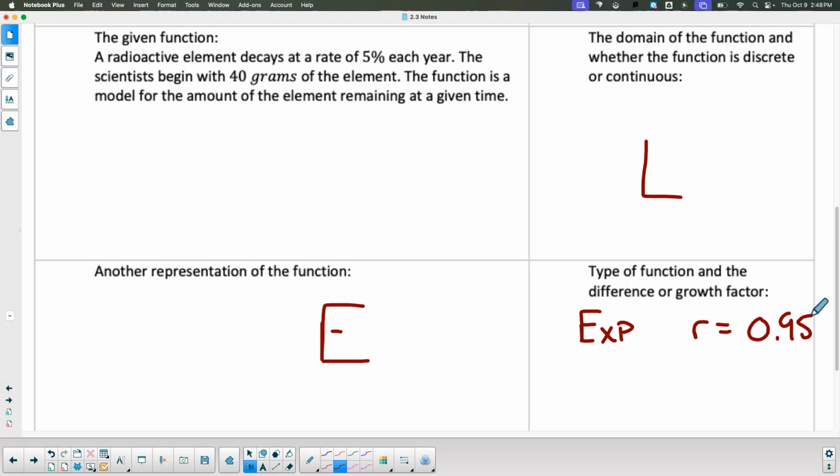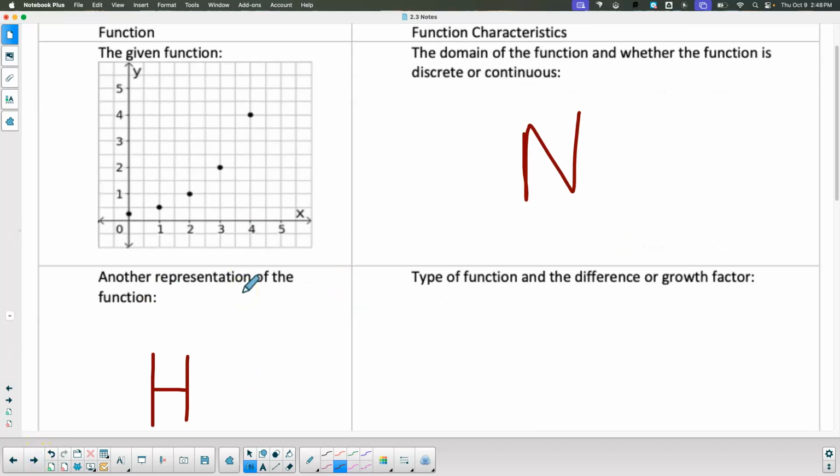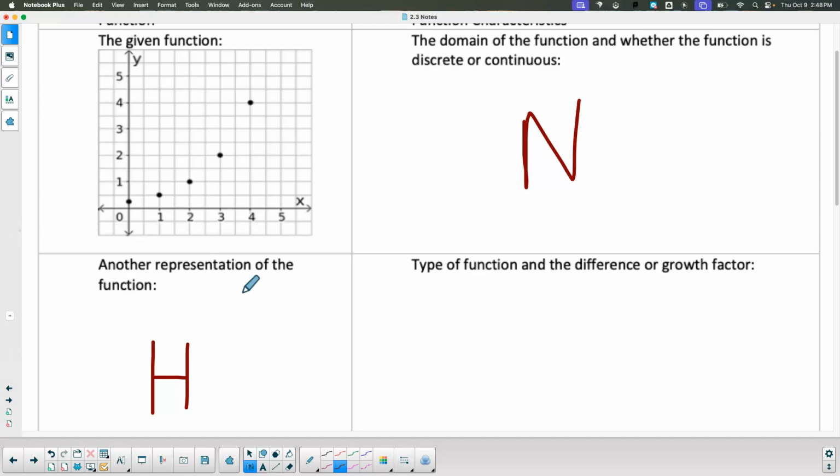I couldn't find a card with that. For this one, I got H and N. It is exponential with an R value of 2.